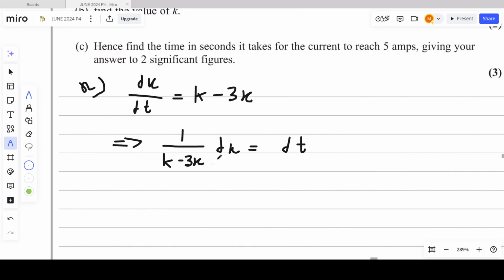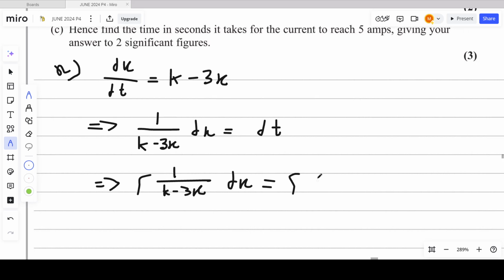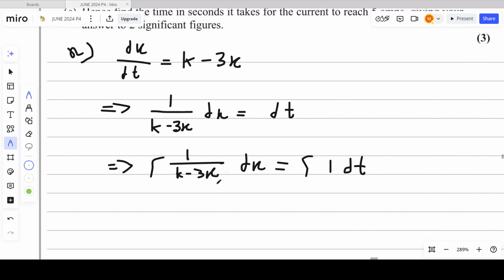Now the second step is to integrate both sides at the same time. So we integrate 1 over k minus 3x dx equals the integration of 1 dt. Since there is nothing there, you can consider it as 1, because 1 times anything is 1.